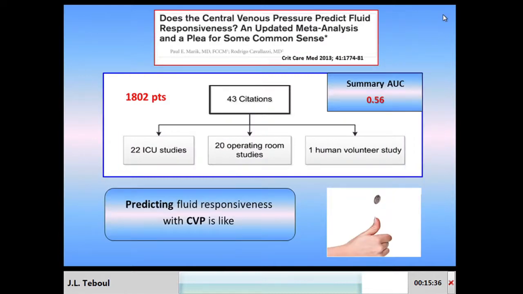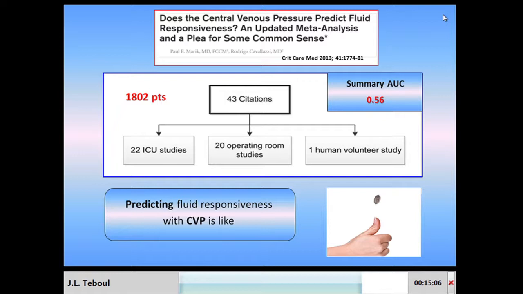And this was confirmed by the literature. This is a meta-analysis by Paul Marik and co-workers, showing that in 1,800 patients and 43 studies that looked at the prediction of fluid responsiveness by CVP, the area under the ROC curve for this prediction, taking into account sensitivity and specificity, was only 0.56.